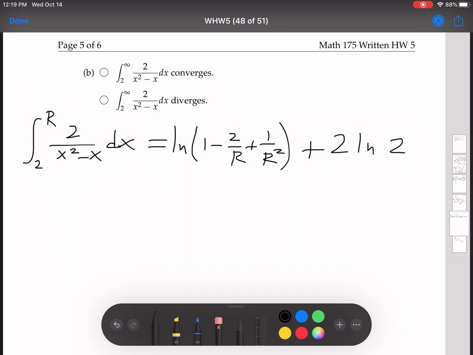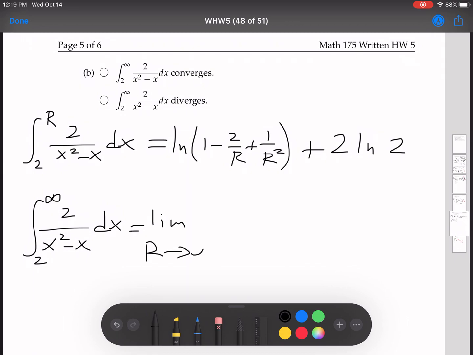So now, remember that the integral from 2 to infinity of 2 over x squared minus x dx is the limit as r approaches infinity of the integral from 2 to r of 2 over x squared minus x dx.